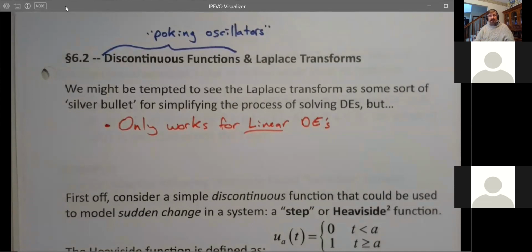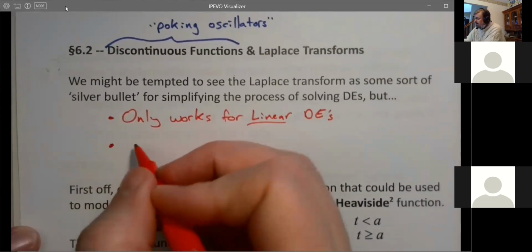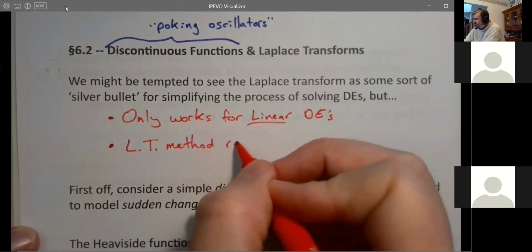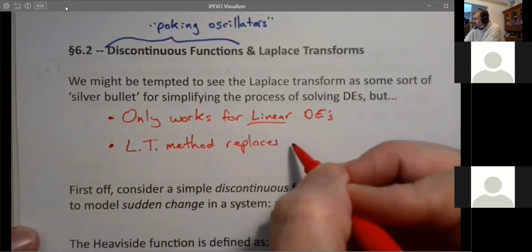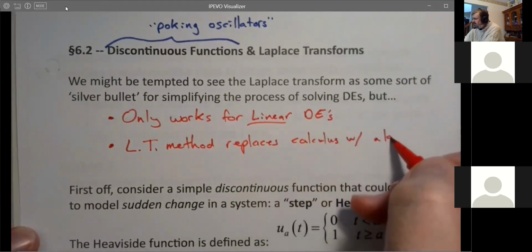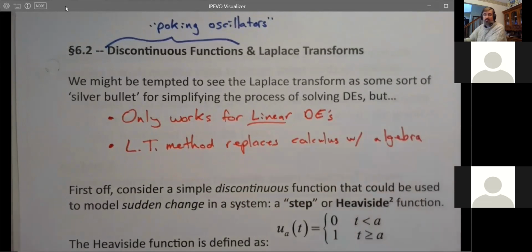The second thing is that the Laplace transform method replaces calculus with algebra, which on the surface seems great, and we're happy about that. But what does that mean for the amount of work and the amount of attention to detail and the amount of, as I like to say, bookkeeping that we have to do in order to solve these problems?